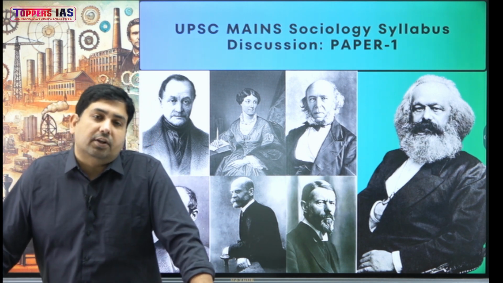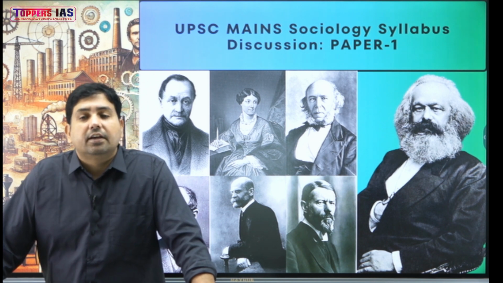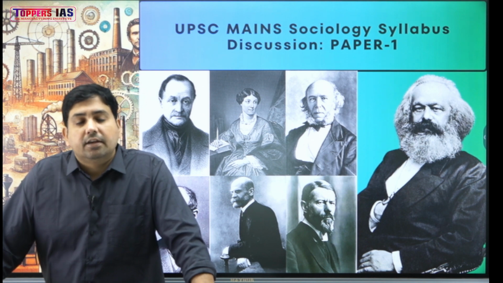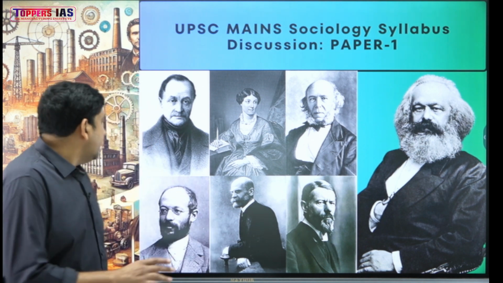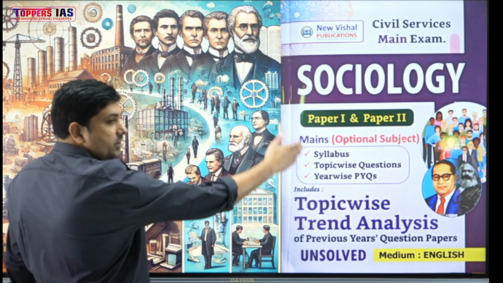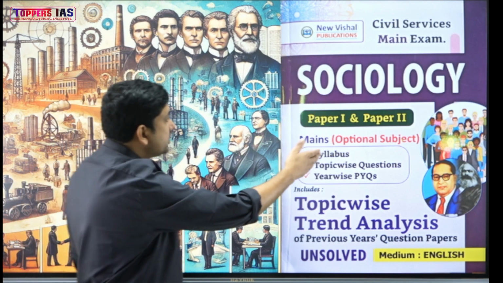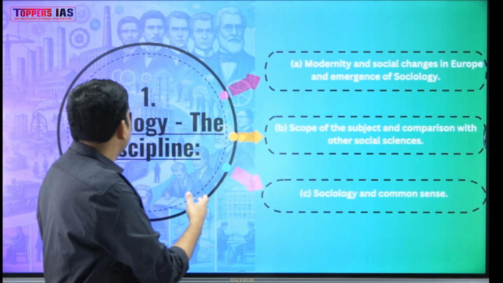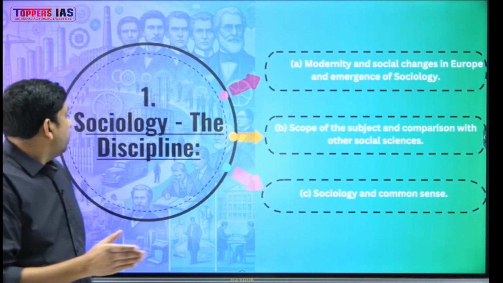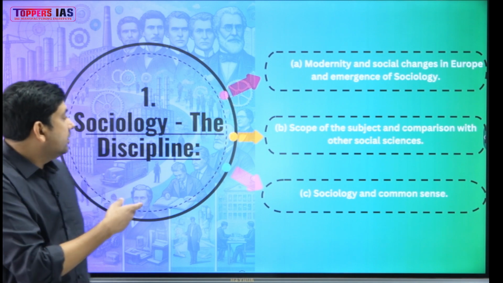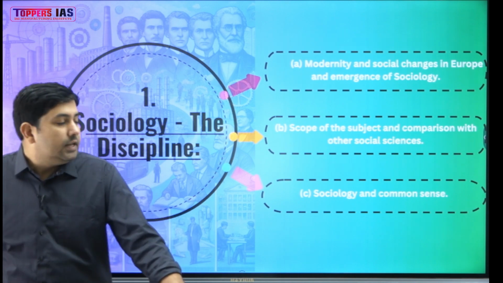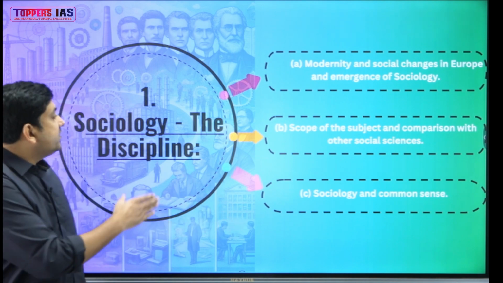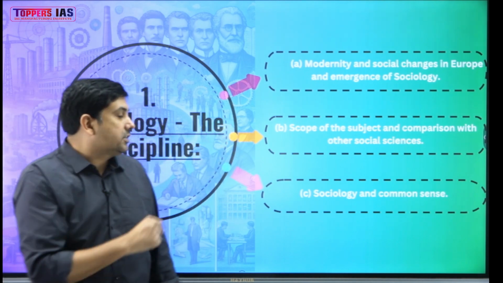Anyway, we are going to look into paper 1 sociology, starting with unit 1. Unit 1 is sociology, the discipline. So I was telling about this New Vishal, you can purchase this. That is good. I also use that only. Now if you look here, this first unit has been divided into 3 parts.